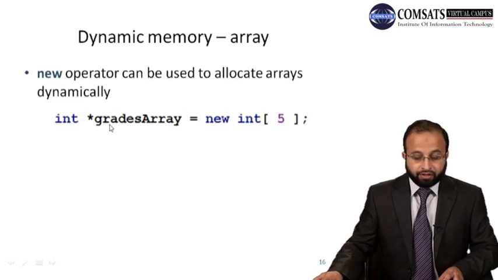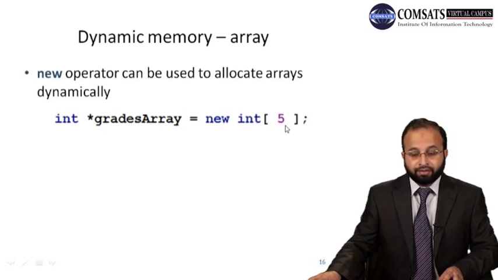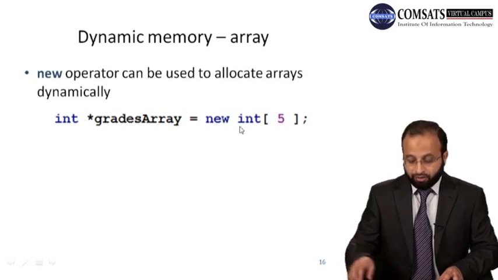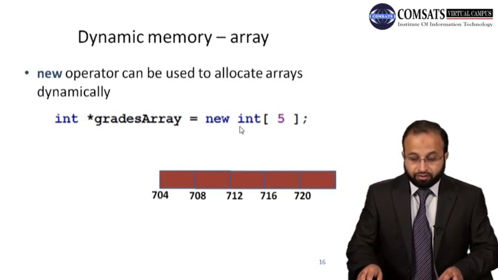The integer pointer gradeArray points to a memory location where you can store 5 integers, right? So new will create a memory for integers whose size is 5. This is the square bracket. So you can store 5 integer values in that newly created memory.